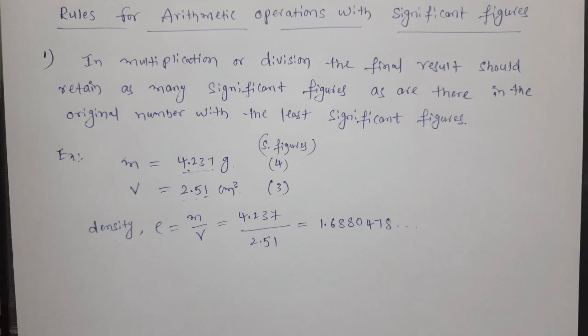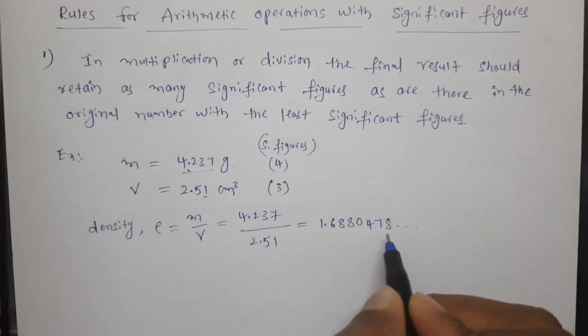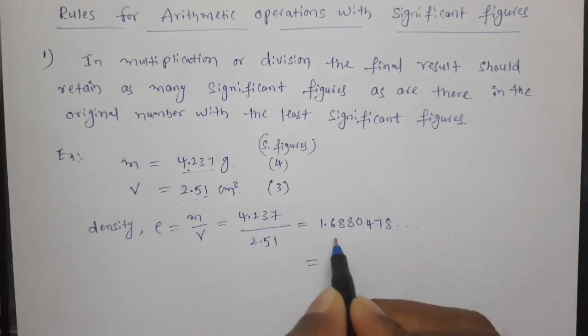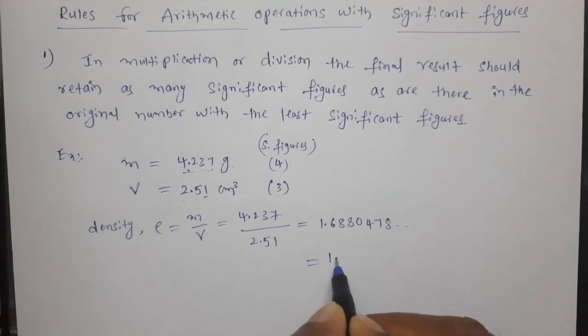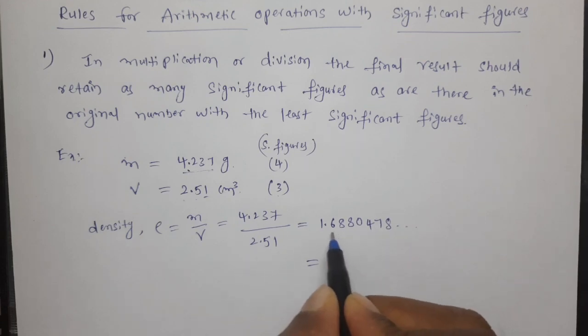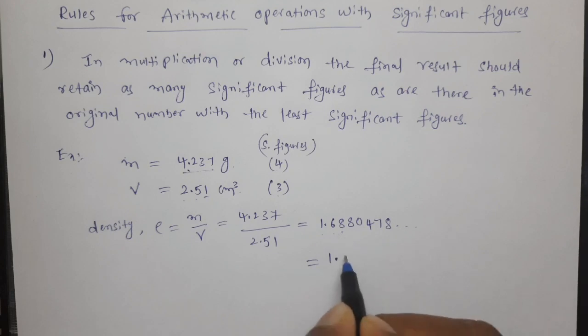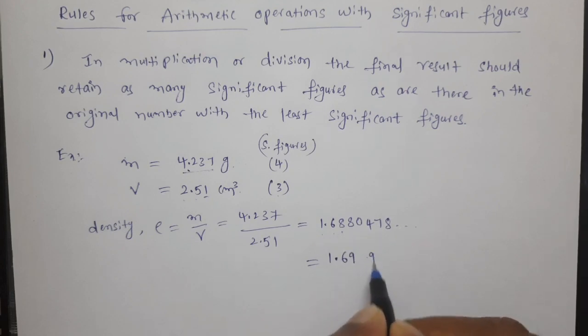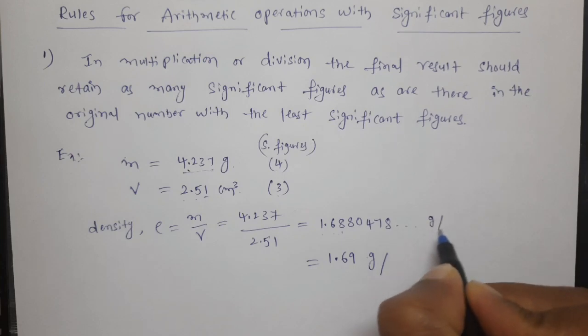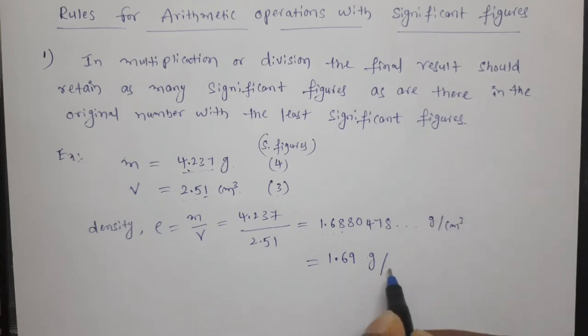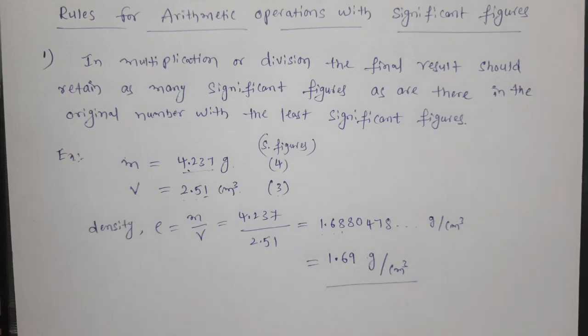So the final result should be given with only 3 significant figures. Do you understand? We have to round off to only 3 significant figures: 1, 2, 3 here. So we write 1.69 gram per centimeter cube.